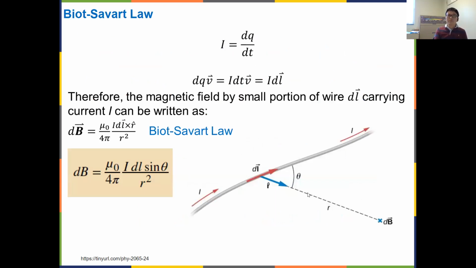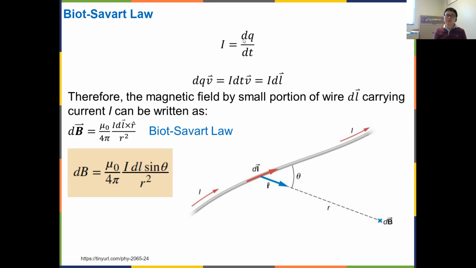This then brings up the Biot-Savart law. If you have a current inside a particular wire, not necessarily a straight wire, it could be a curved wire in general, the current is defined as the derivative of charge over time, dq/dt. So dq is equal to I dt.